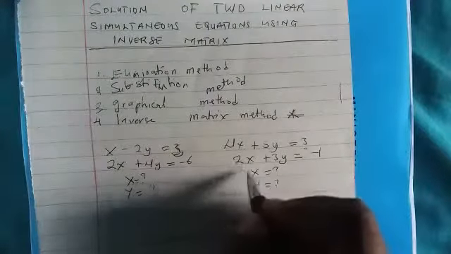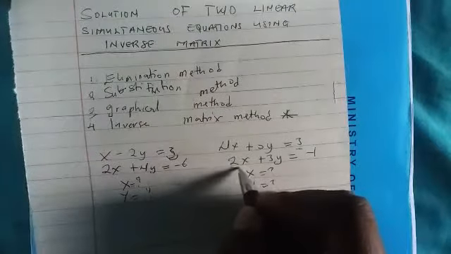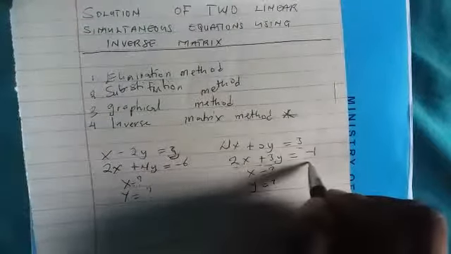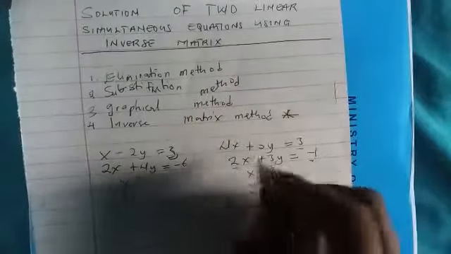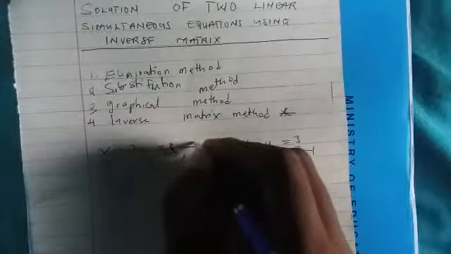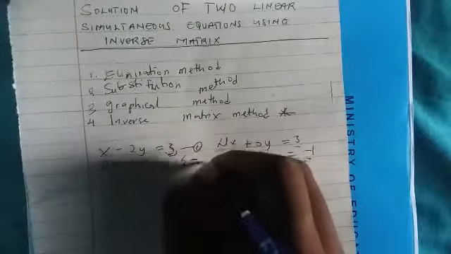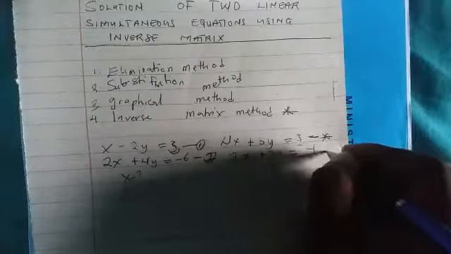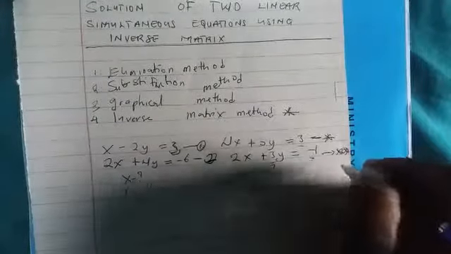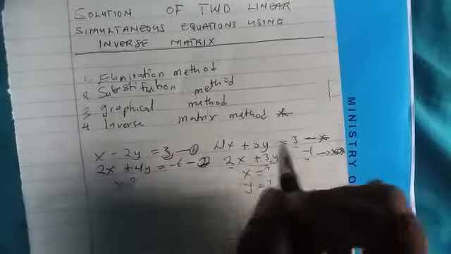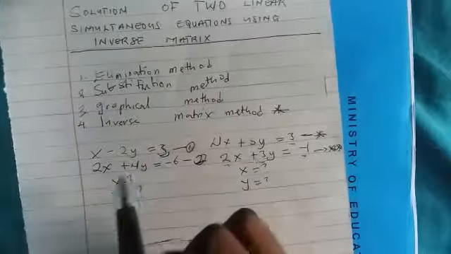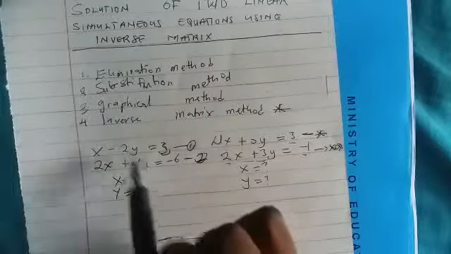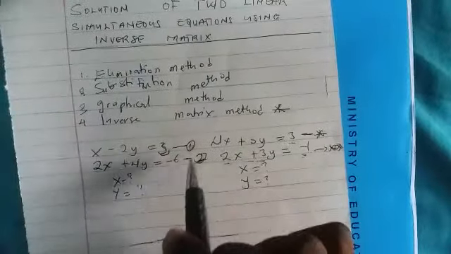And then if you substitute the values of x and y into the next equation, you are going to get minus 1. So you normally label them as equation 1, equation 2. Okay, so that is the concept of simultaneous equations. You have to solve for the value of x and then y simultaneously, at the same time.